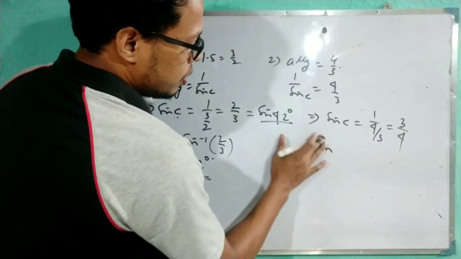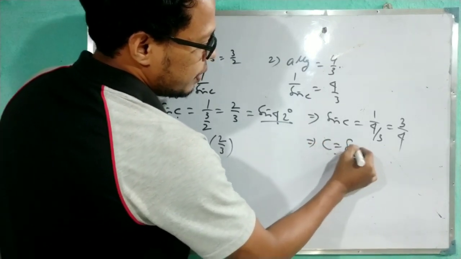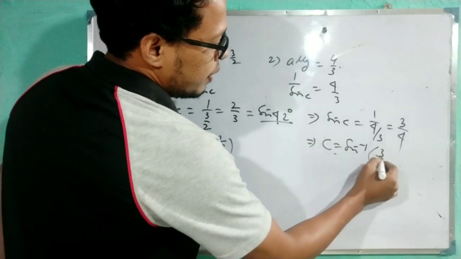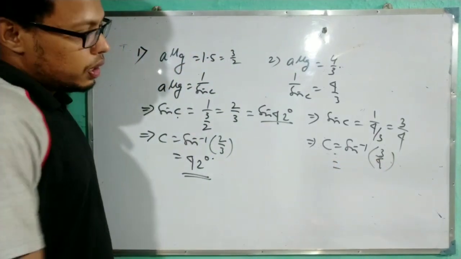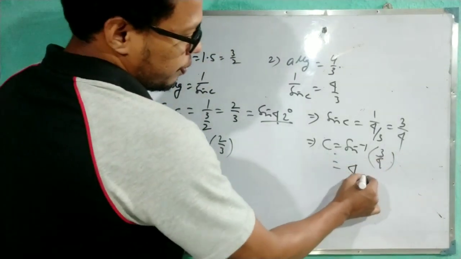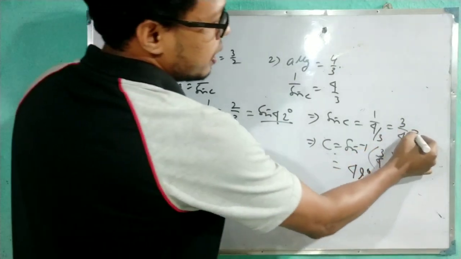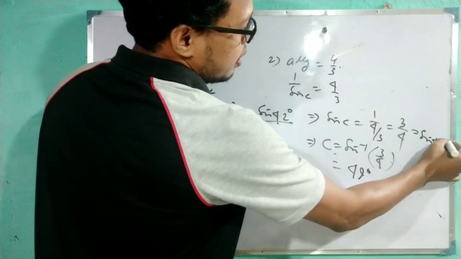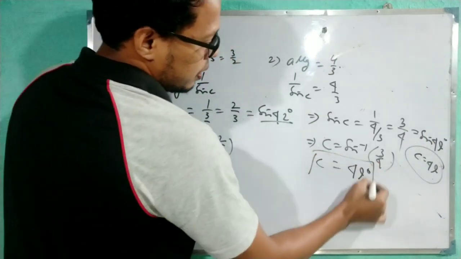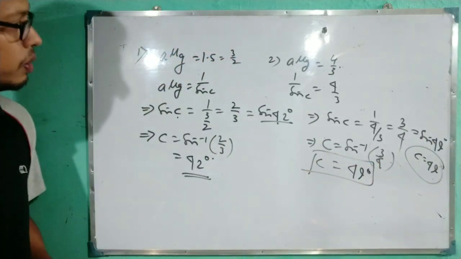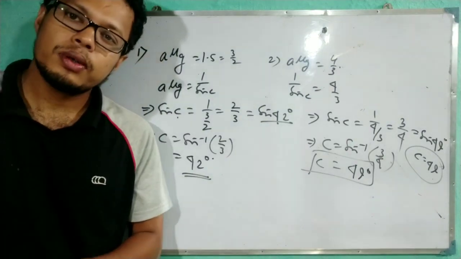So C equals sin inverse 3 by 4. This value comes to about 49 degrees, so C will be 49 degrees. This is how we can find the critical angle for glass or for water.